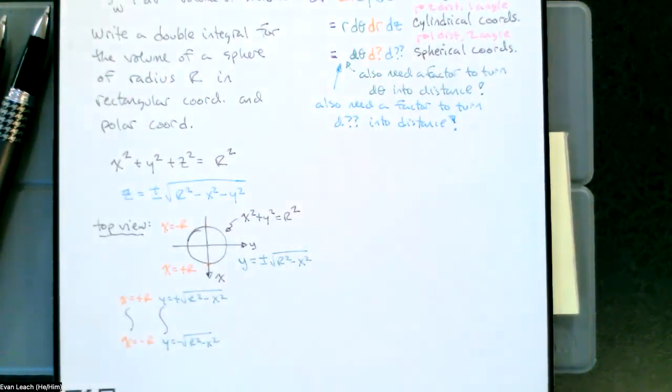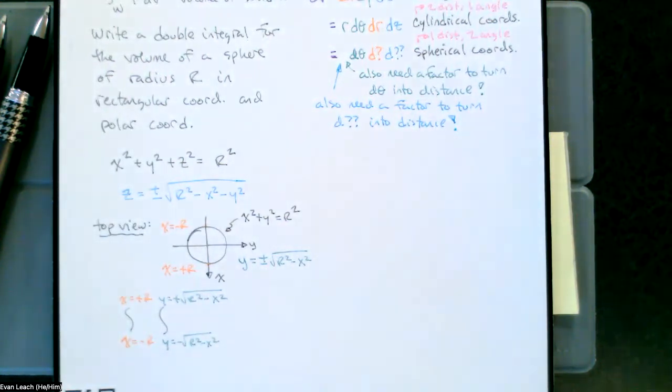At each point x, y, I'm going to want the distance from the lowest z value to the highest z value. So I'm just going to take the plus z equals plus square root, and subtract the minus square root.